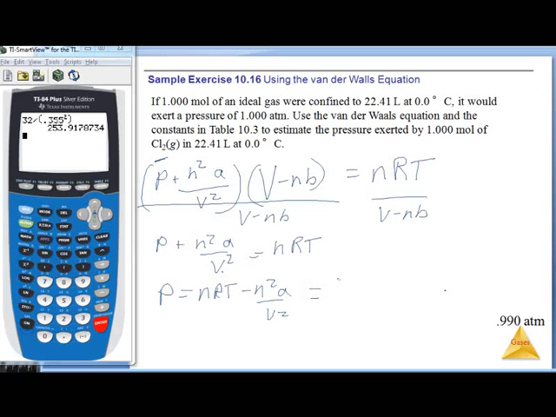So nice that I have 1 mole. My R is, because I am not dealing with velocity here, I am using my 0.08 liter atmospheres over moles K. My A, I can look up on the table.